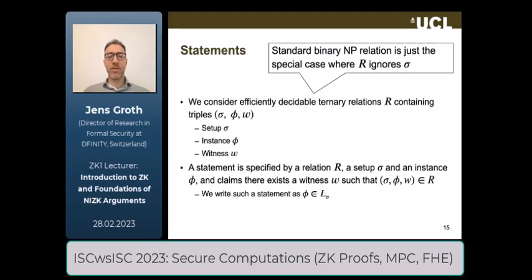So a statement is going to be specified by the setup and an instance and a claim that there exists some secret witness such that this triple is in the relation. And I'm going to write these statements as just a claim that this instance belongs to the language defined by the relation.